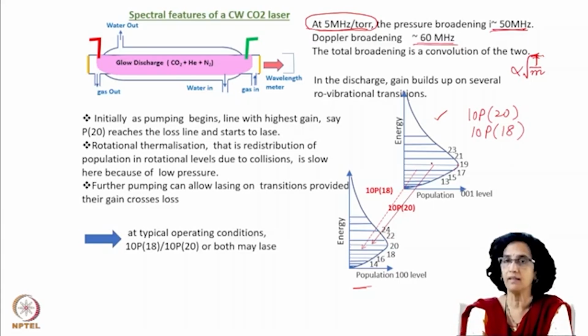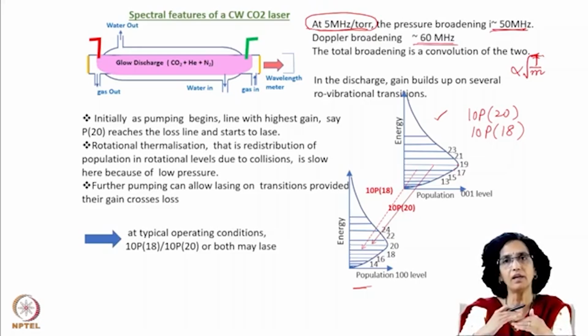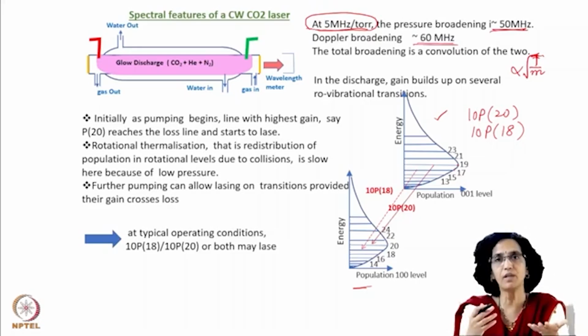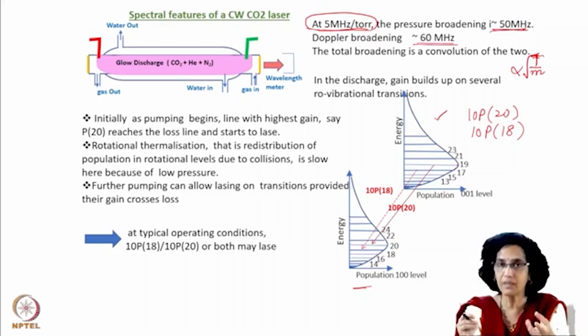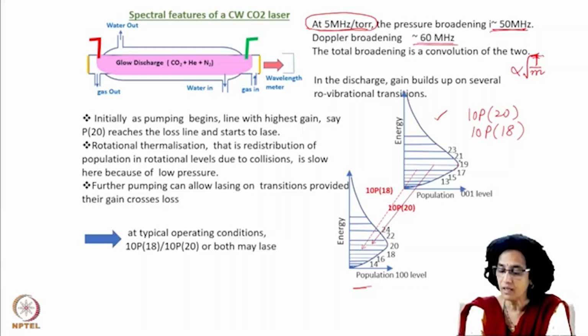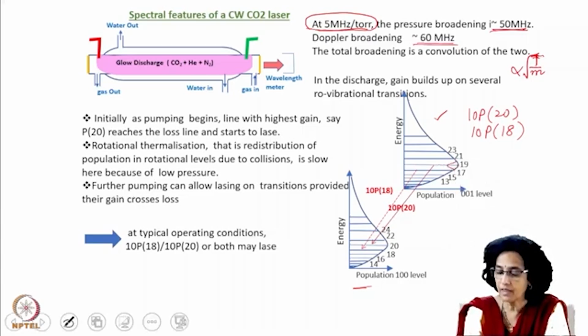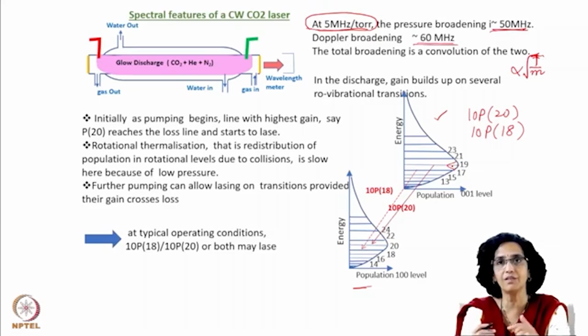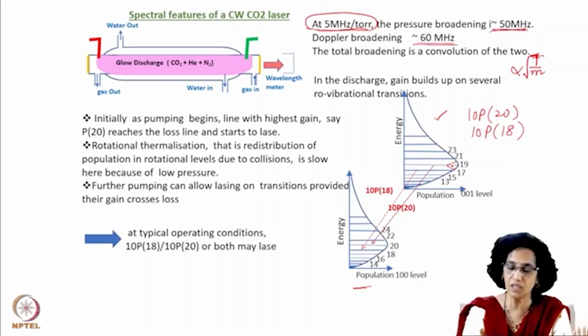So the gain on every transition rises, and the one which reaches the loss line first, stimulated emission sets in on that particular transition, and lasing gets initiated. When lasing gets initiated, the population in that particular level starts reducing. Right? And when the population starts reducing, the gain also reduces. Then the stimulated emission rate also reduces.